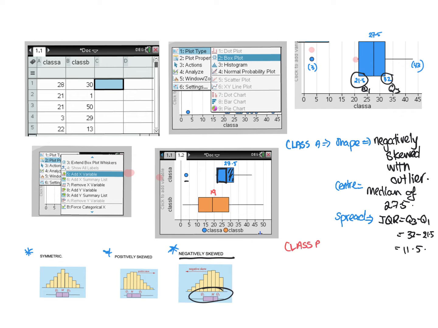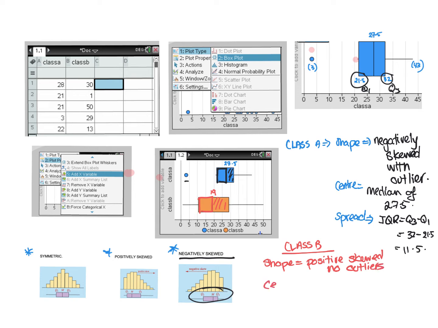So then if we look down at this, we'll do class B. If we look at class B, its shape is a little bit iffy, but I'd say maybe this first part is a little bit smaller than the second bit. So I'm going to say positive skewed, no outliers.